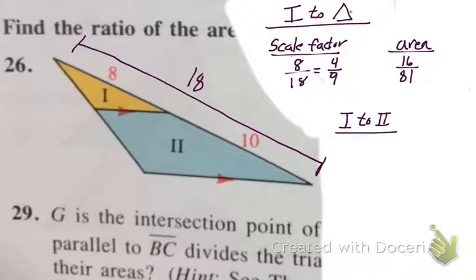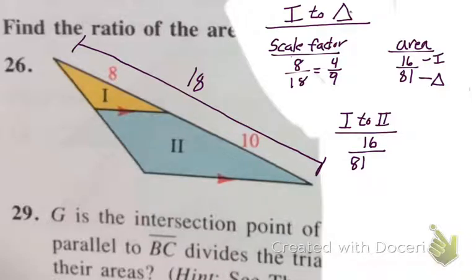So right now I have area 1 to the big triangle, but I want area 1, which is still 16, to something a little less big than the big triangle. Yeah? 81 minus 16, because the 2 is like the big triangle minus the number 1.